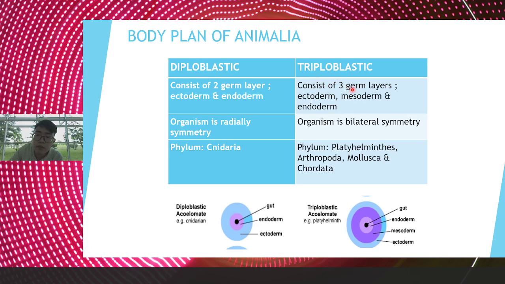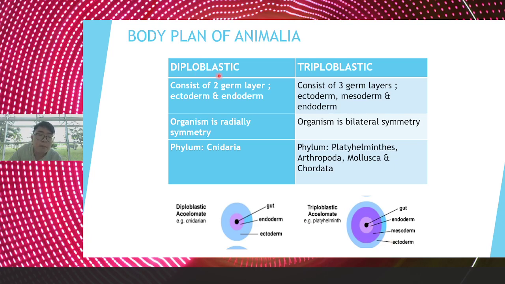Why? Because it consists of 3 germ layers: ectoderm, mesoderm, and endoderm. Actually, you are familiar with this structure, right? The endoderm is the innermost, around the gut, the mesoderm is the middle part, and the ectoderm is the outside part.